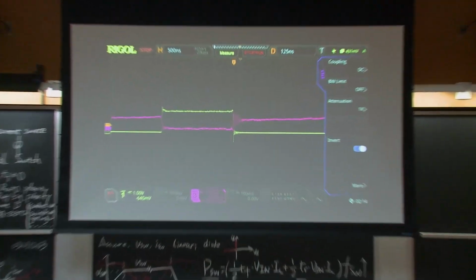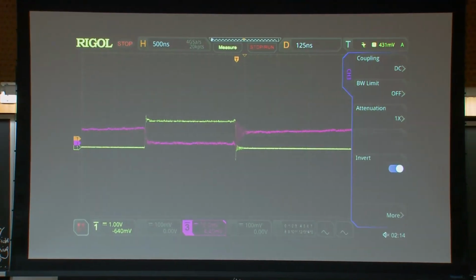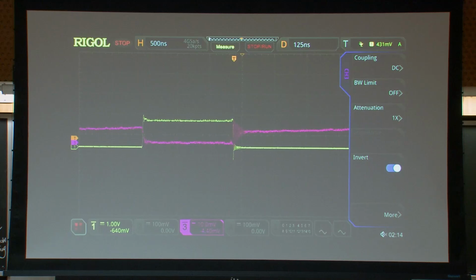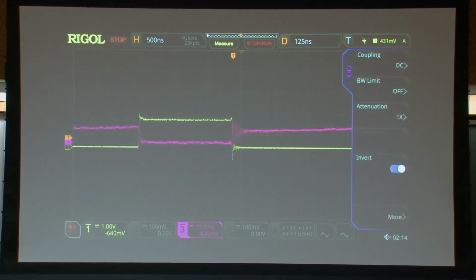All right. I have a circuit here that's designed to help us look at the voltage and the current of a MOSFET when we're turning it on or off. Here you can see two transitions. The pink waveform is the voltage waveform and the yellow waveform is the current waveform.